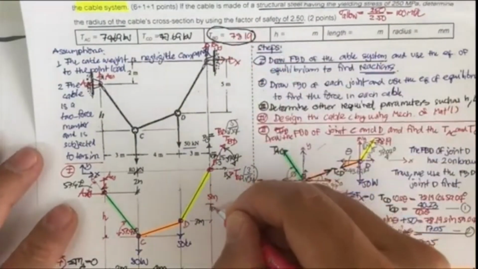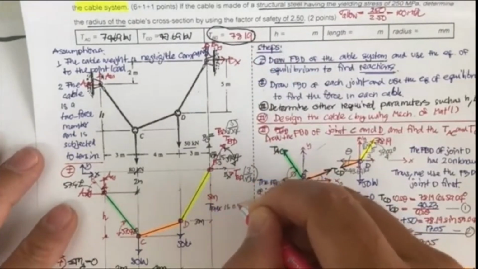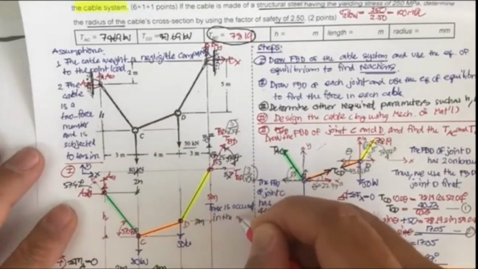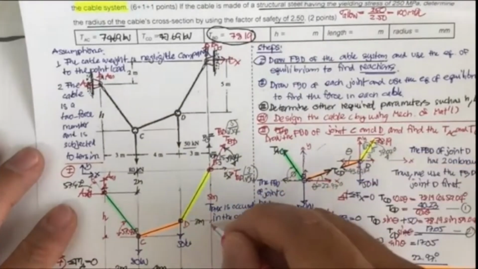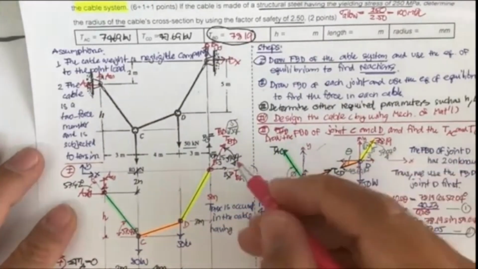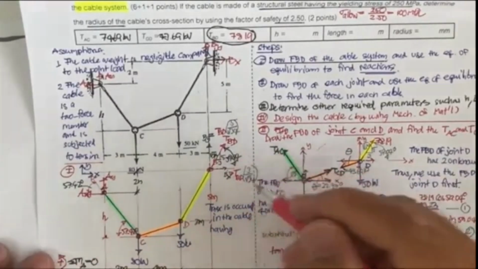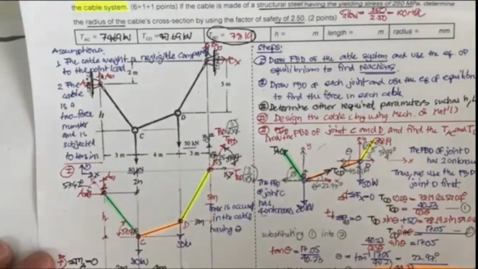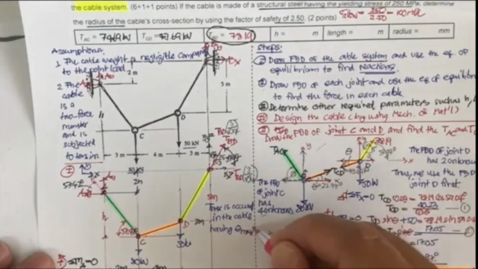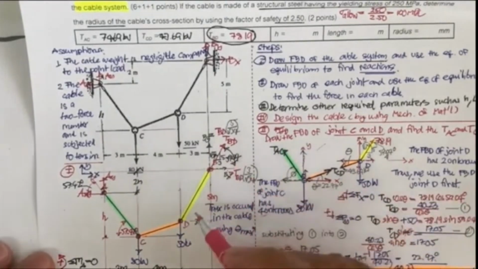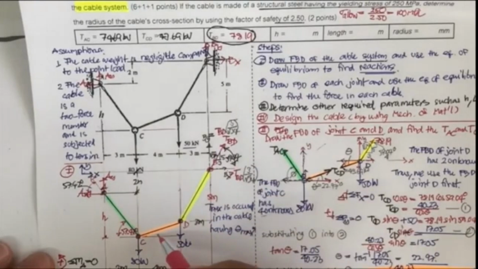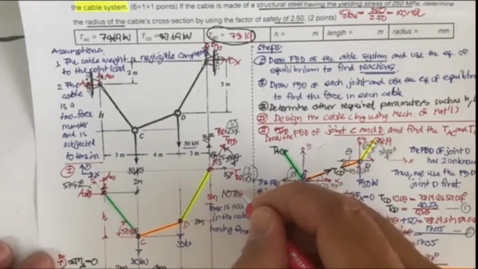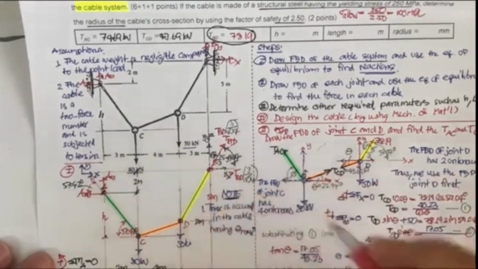You may see that the maximum tension, T max, occurs in the cable having the angle theta max, which is 59.04. This is going to be smaller, right? And this is equal, smaller. So this one is supposed to be one of the nodes that I put here.